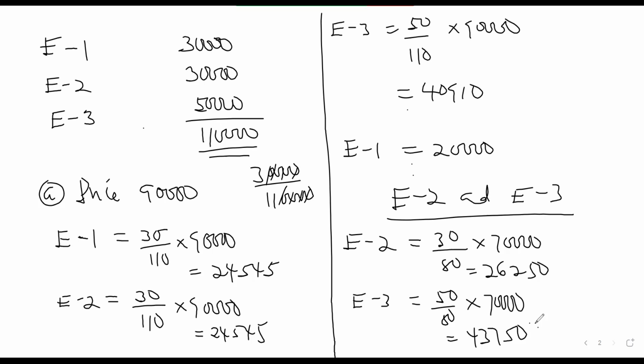We assume that you are selling all three for 90,000, but you want to sell E2 and E3 together for 70,000, so E1 will be 20,000. The rest will be shared among those ones. I hope we are okay with that. Okay, let's come to the B part.